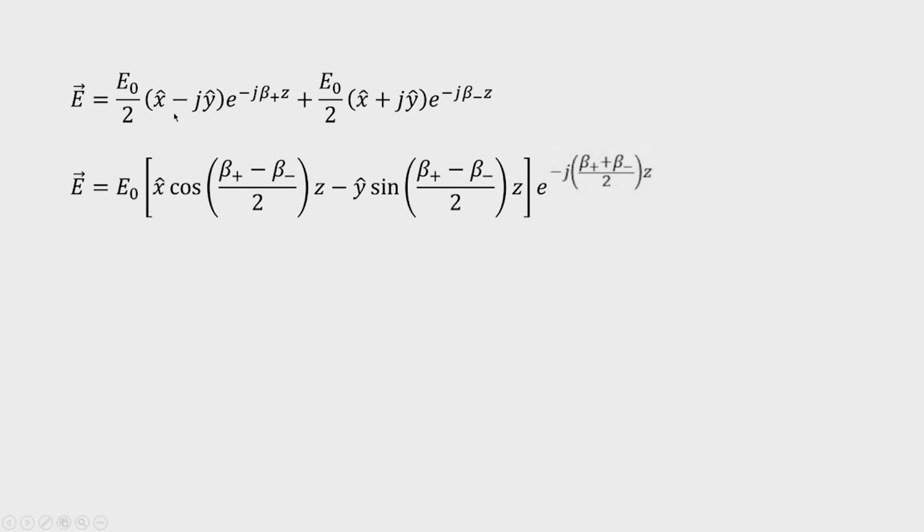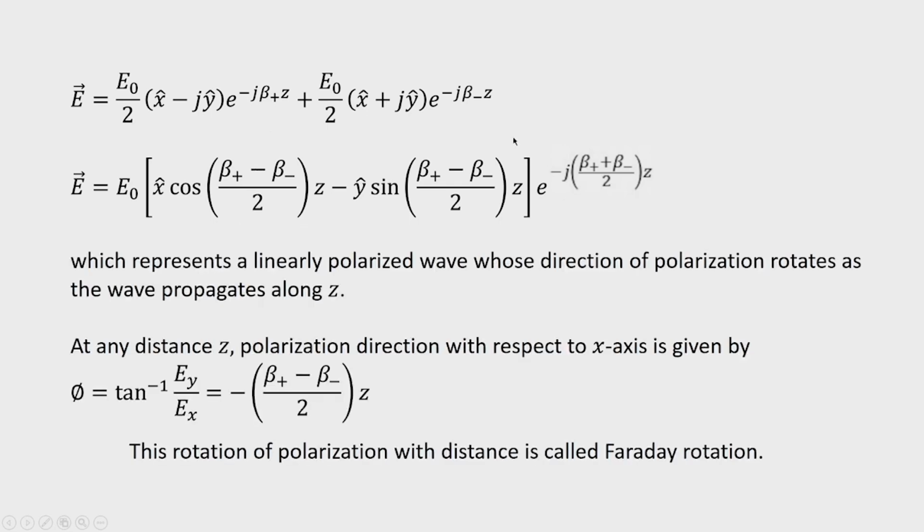E is now actually a sum of an RHCP and an LHCP wave, and the electric field expression can be rearranged in this manner. When this e to the power j (beta plus minus beta minus) by 2 z is combined with this term, we get this expression.